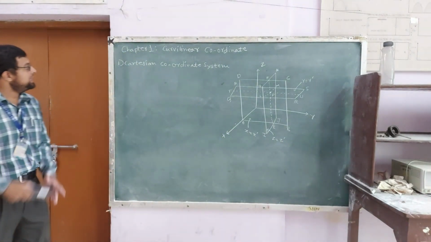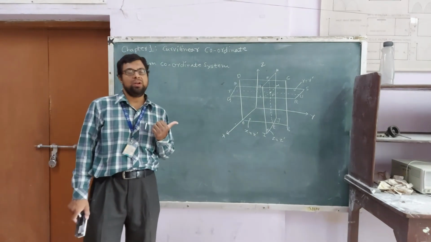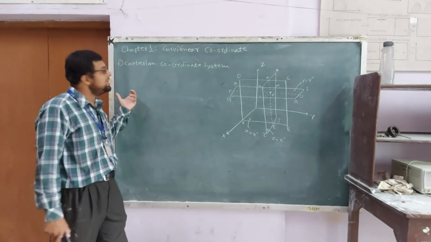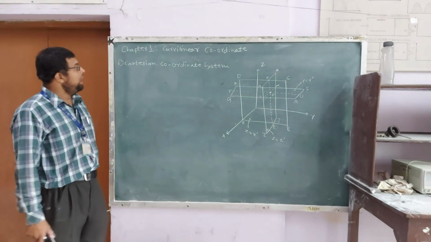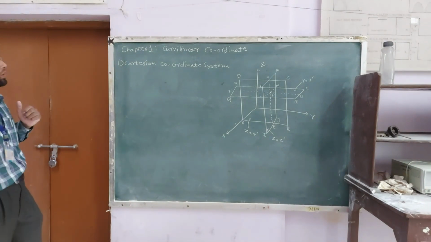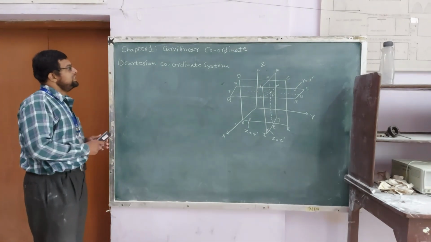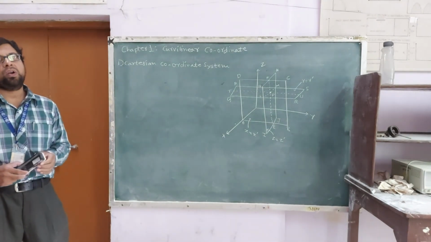The other major coordinate systems used are spherical polar coordinate system and cylindrical coordinate system. And as well as we shall consider general curvilinear orthogonal coordinate system, so that we shall consider later on. So at present we shall consider the Cartesian coordinate system.